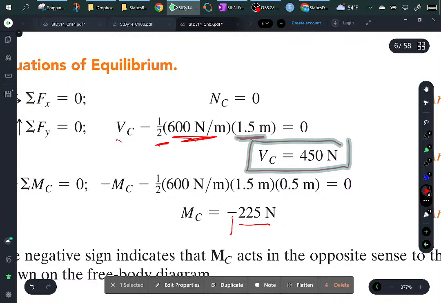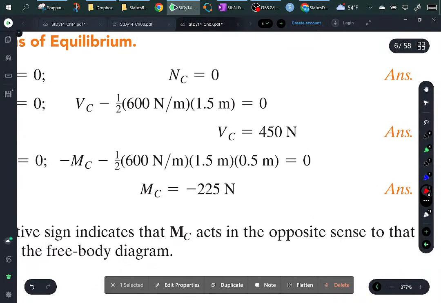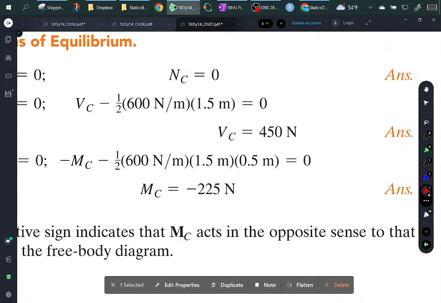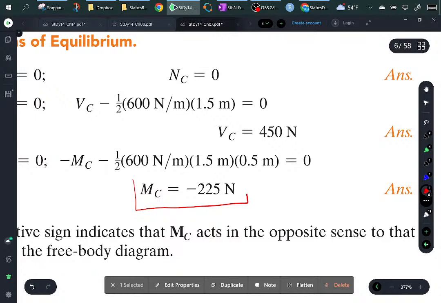Now, this is very, very important. I know in the past, a minus sign means you assumed it the wrong way. And this is true of this case. But instead of going back and flipping your direction, rest assured, I think it would be very important for you to maintain this negative sign throughout. And if VC ended up being negative, you need to maintain its negative sign.